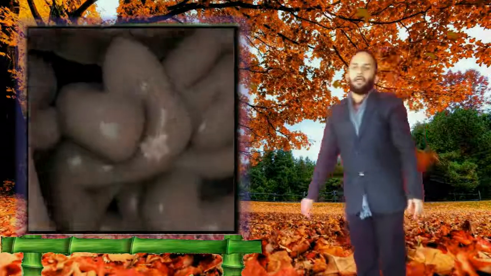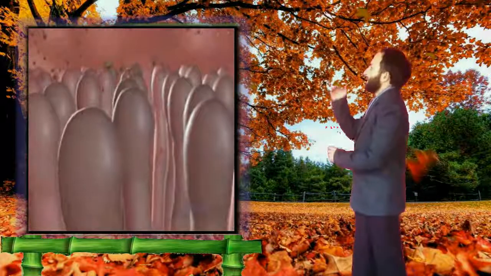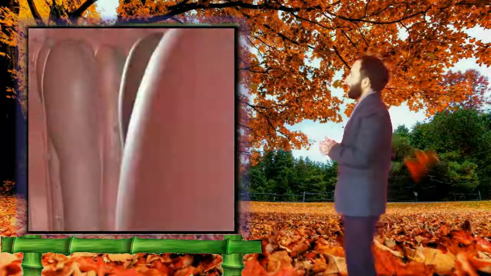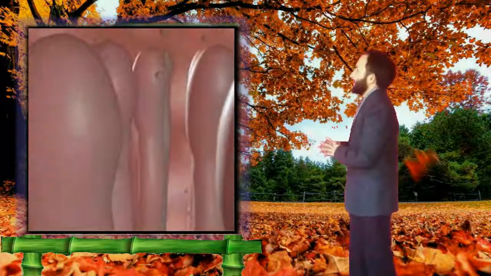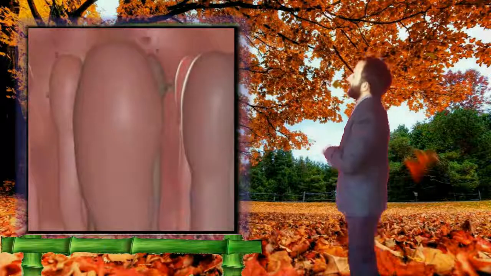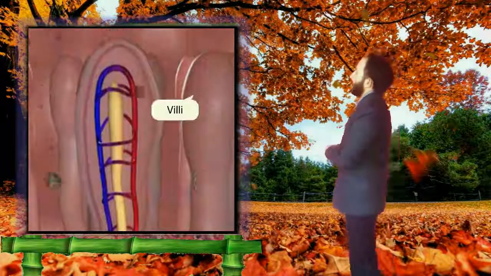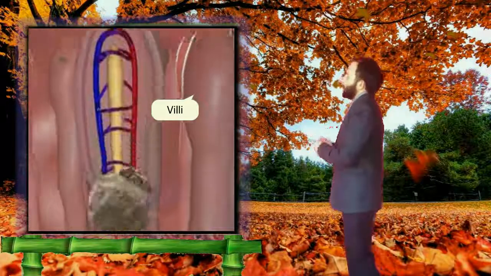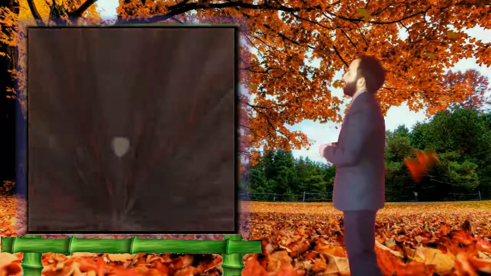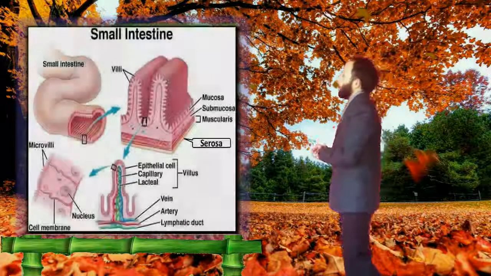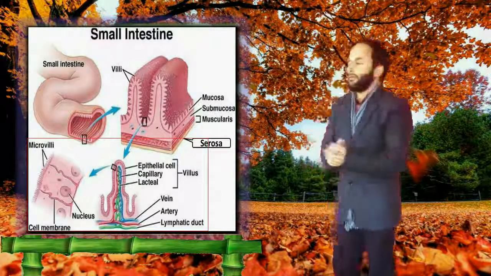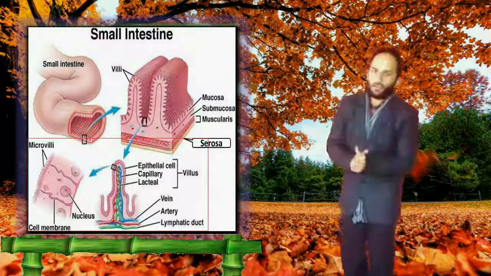The small intestine has many circular folds. These folds provide a large surface area for the absorption of food. The wall of the small intestine is made up of finger-like projections called villi. The surface of each villus is further made up of smaller projections called microvilli, which are also called brush borders.